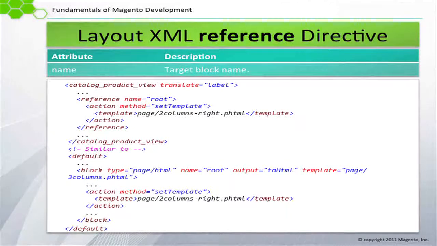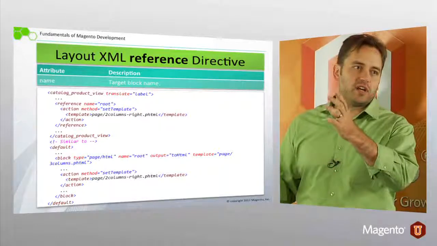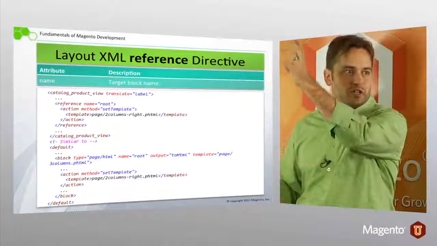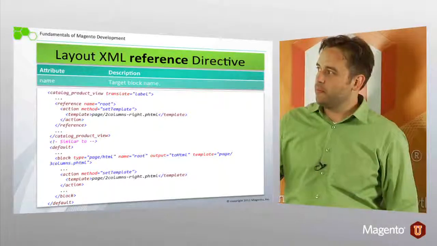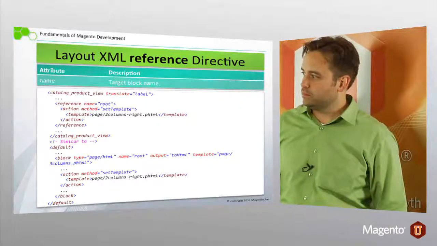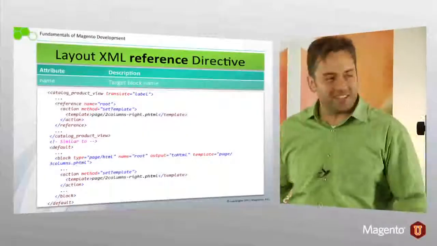Reference name equals root. So basically we would have the exact same effect as if we had taken this instruction right here and opened up page.xml, where the root block is actually declared, and added this in there. That's all that reference does. That's what the slide says too. The slide agrees with me.